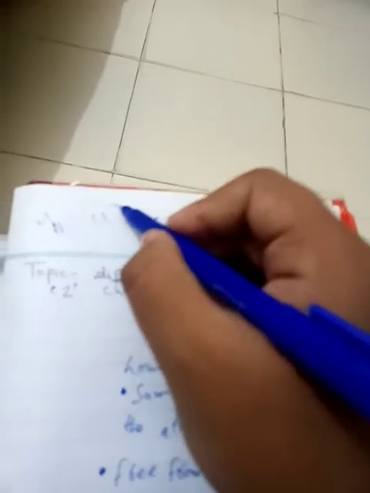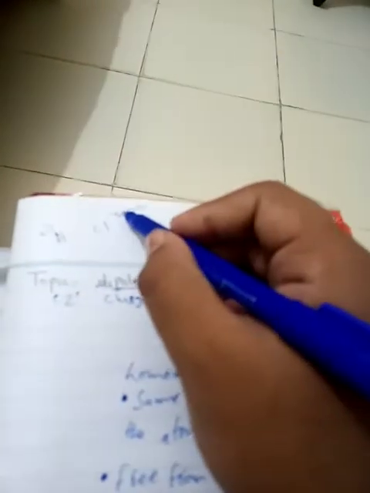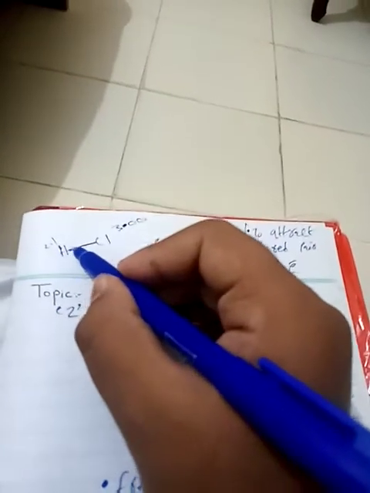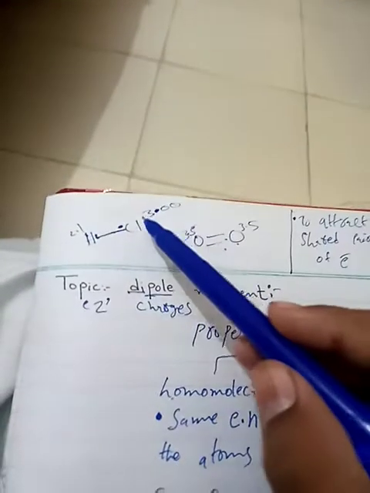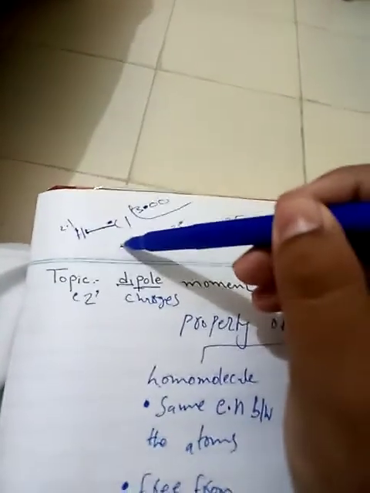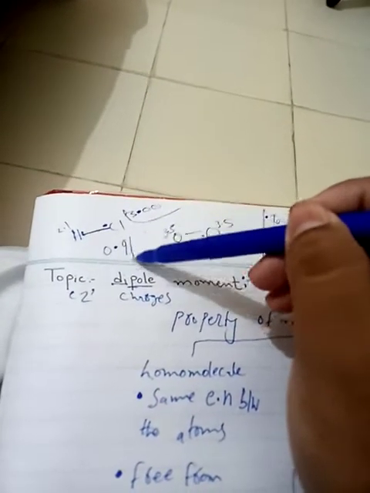The electronegativity of hydrogen is 2.1 and the electronegativity of chlorine is 3.0. They have a single covalent bond, and chlorine has much more electronegativity, because the difference between hydrogen and chlorine is 0.9.